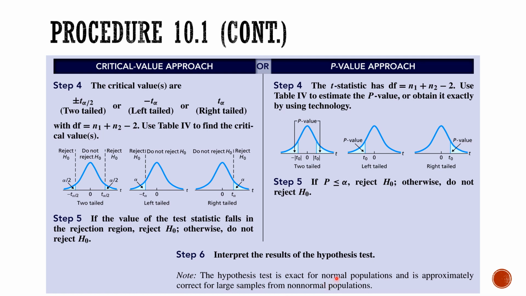The interpretation must talk about the difference between the two means. We will go through an example, an exercise, a worksheet on this particular topic, and I will go through the step-by-step process, and it will be more realistic for you at that point.